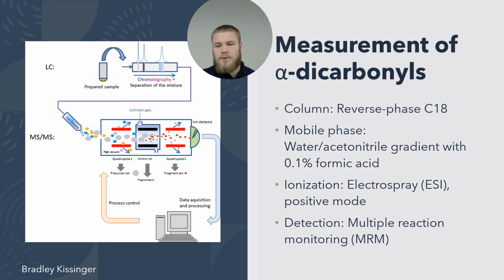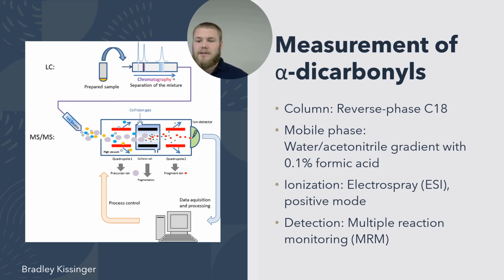All samples were derivatized with 1,2-diaminobenzene to stabilize the alpha dicarbonyls, and we used a reversed phase C18 column with a water acetonitrile gradient containing 0.1% formic acid. The mass spectrometer used electrospray ionization in positive mode with detection by multiple reaction monitoring for high specificity and sensitivity.